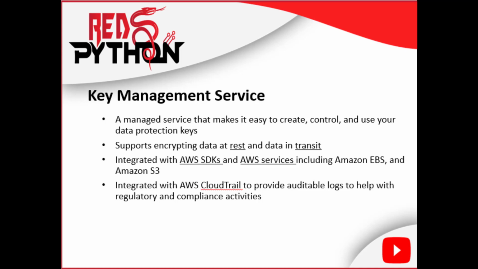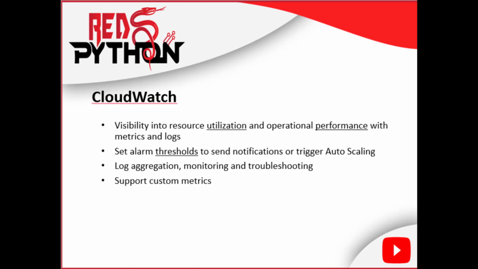It supports encrypting data at rest and data in transit. It's integrated with AWS SDKs and AWS services, and with CloudTrail, so that it provides auditable logs to help you with your regulatory and compliance activities.